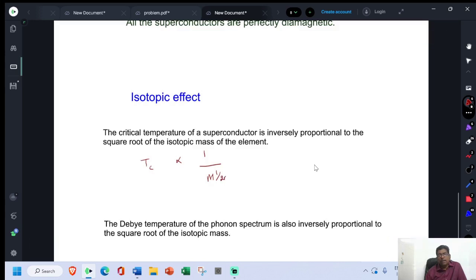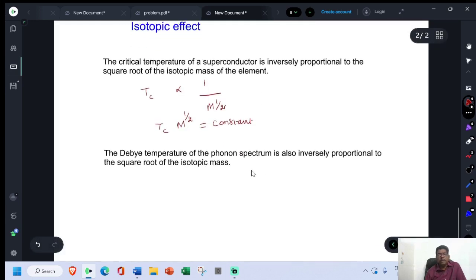This is modified as Tc into m power half is a constant. To remove the proportionality sign, we have to use a constant. Tc is equal to constant divided by m power half. So Tc into m power half is a constant.